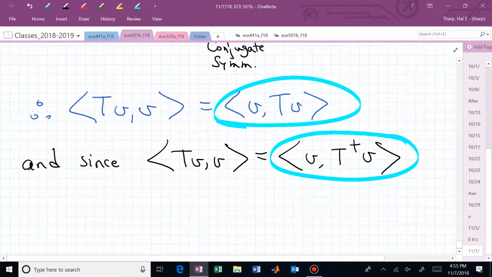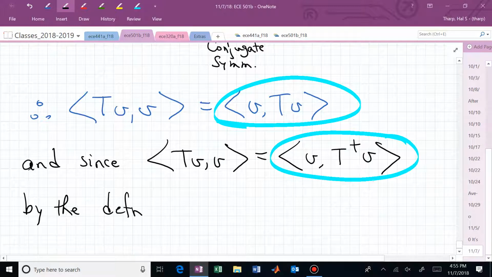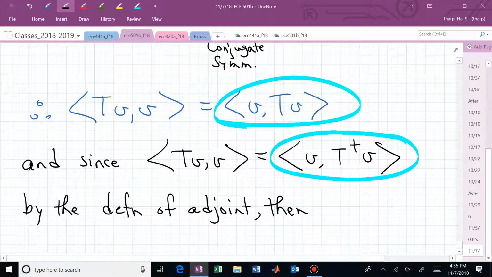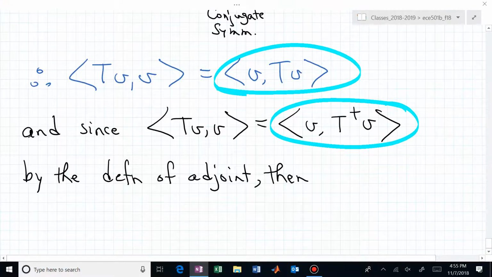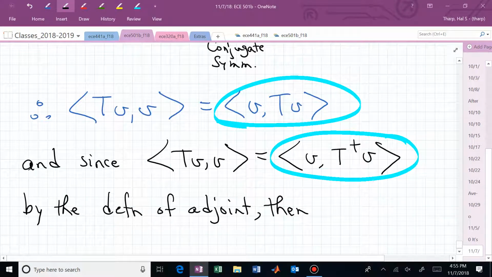Since this last equality is true by the definition of the adjoint, now I can realize that those two operations are the same.